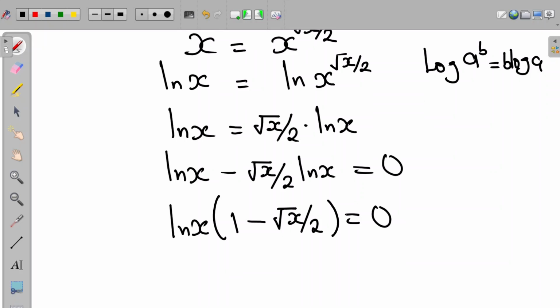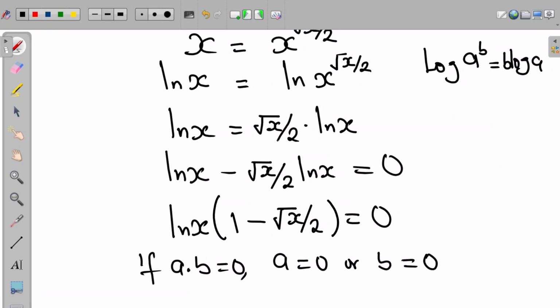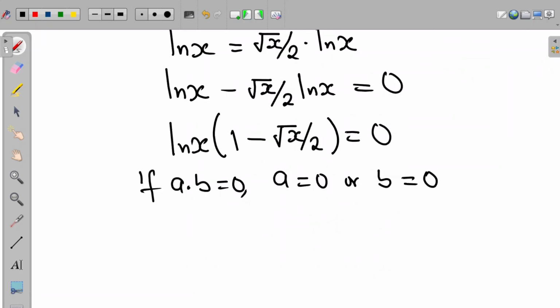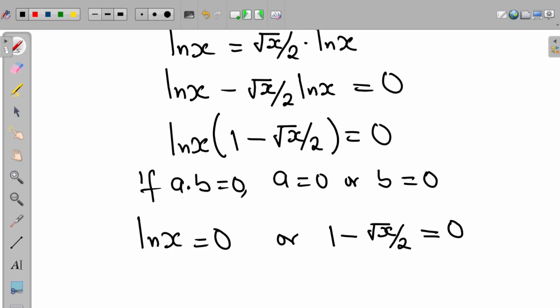So therefore, recall that if a multiplied by b is equal to 0, thus a is equal to 0 or b is equal to 0. So on that note, we have that ln x is equal to 0 or 1 minus root x divided by 2 is equal to 0.